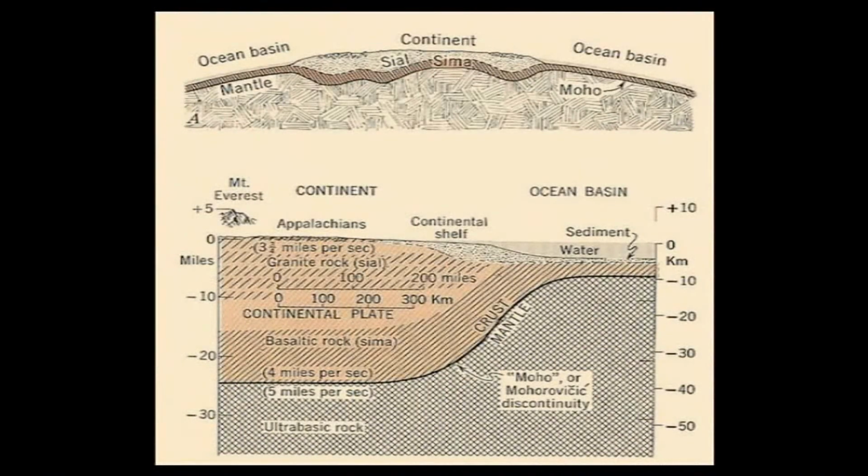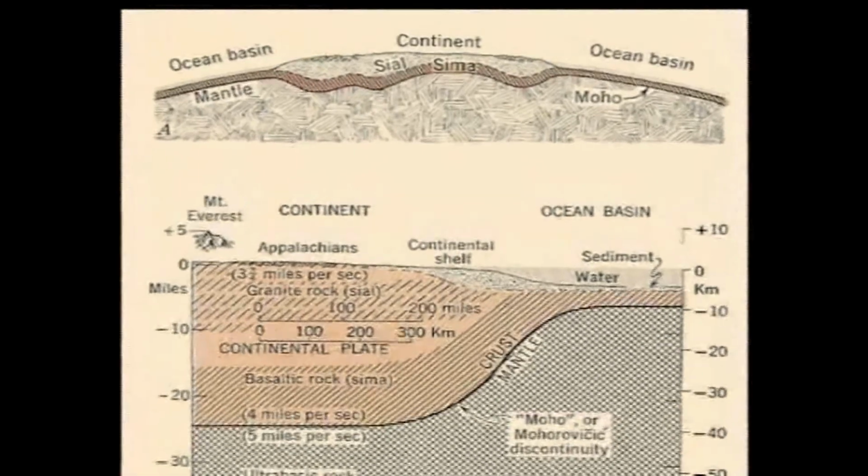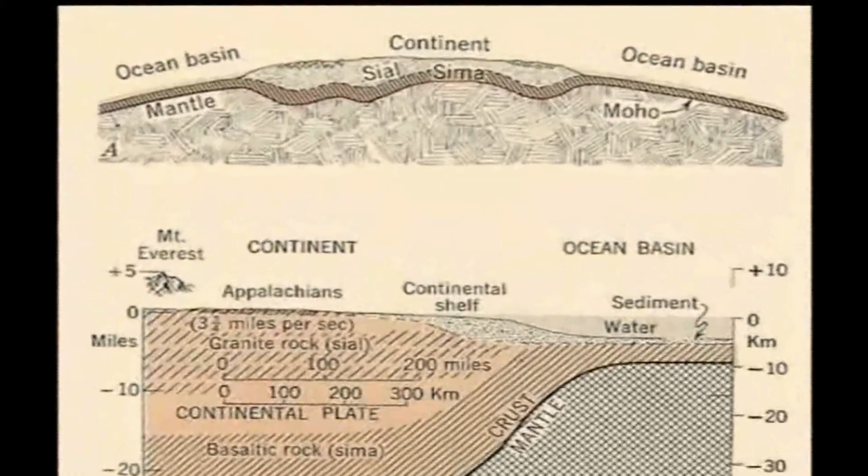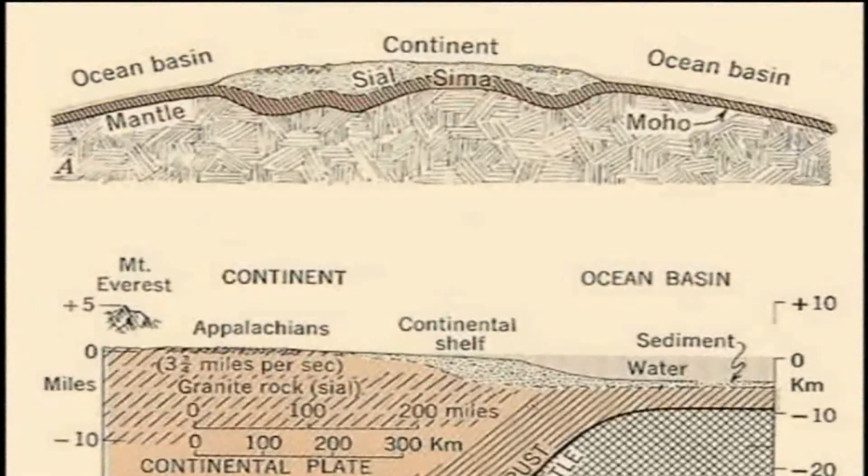In fact, if you look into figure number 3, the figure which shows the details of the Earth's crust itself, you can see the crust has the continental sial, and below that a darker, denser layer called sima, below which you have the Moho, a boundary between the Earth's crust and the mantle.